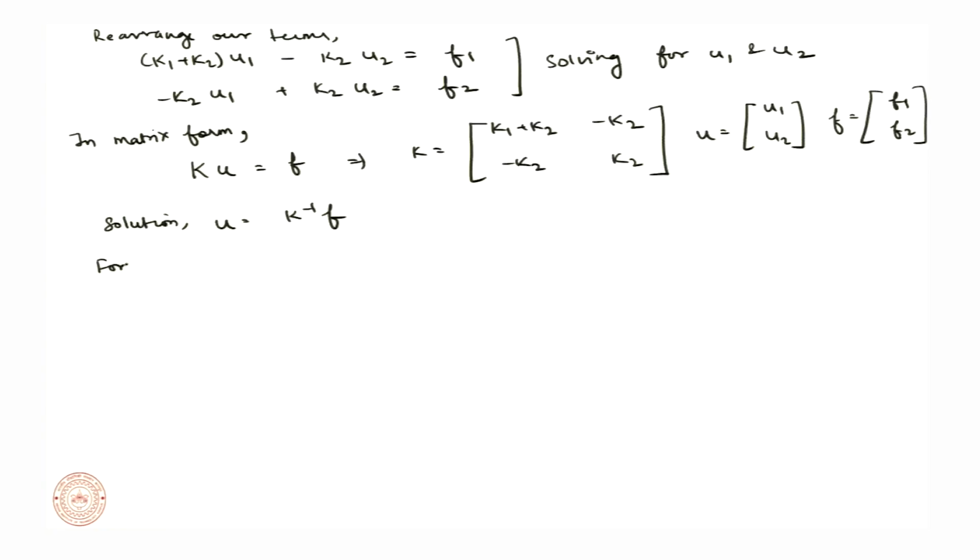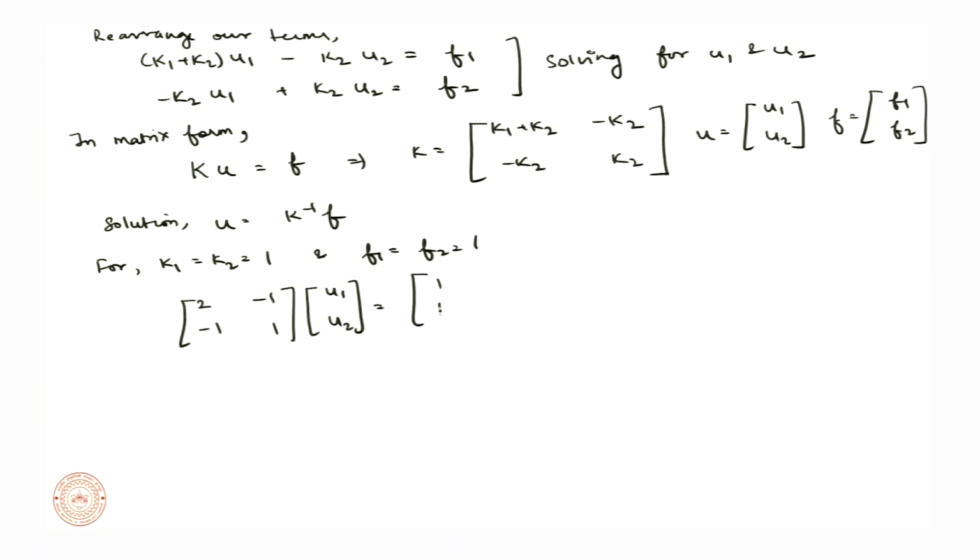Okay, let's take an example. So say K1 equals to K2 equals to 1 and F1 equals to F2 equals to 1. So let's write our expression. So we will have K1 plus K2 is 2, minus 1 and 1, times U1 U2 is equal to 1 1.